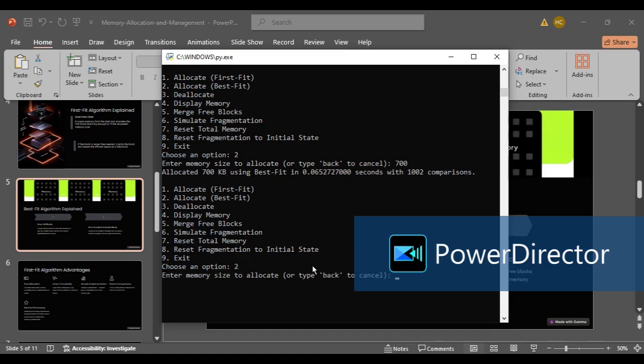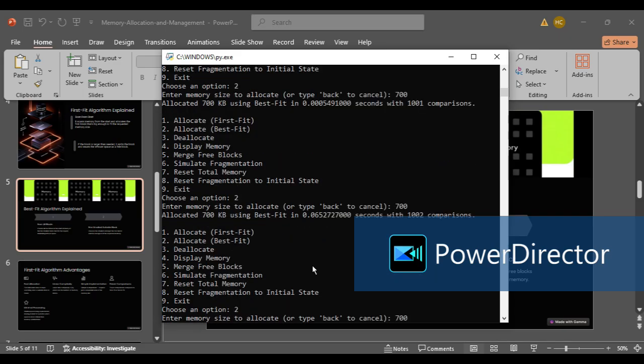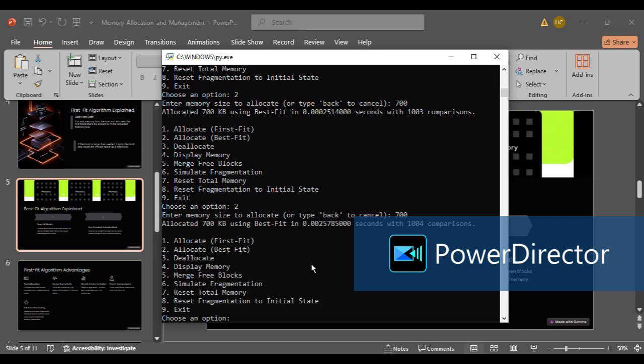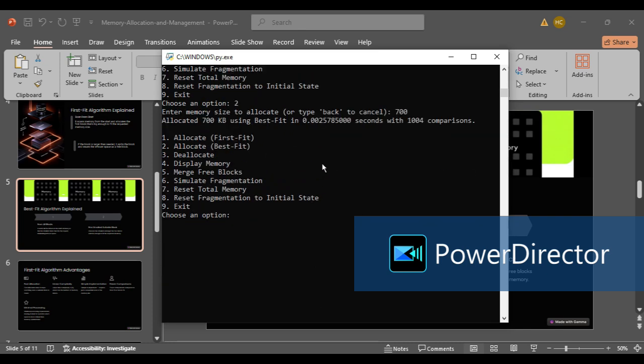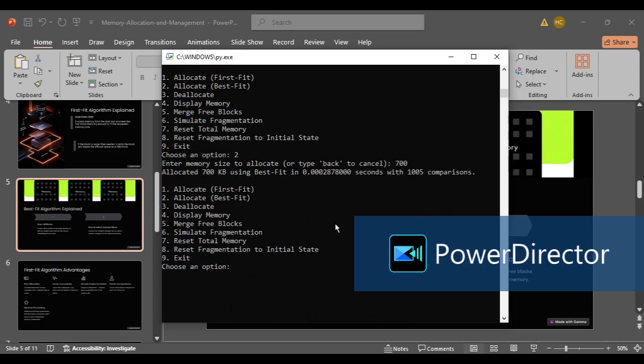We'll try that again, 700. As we keep doing this, we realize that the blocks keep increasing. Fragmentation keeps increasing as we do this. We'll try that again, 700. Yes. Again, 700. Yes.